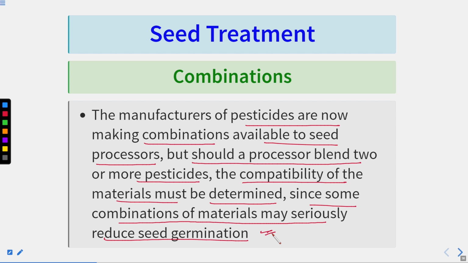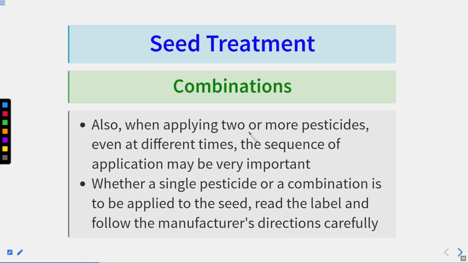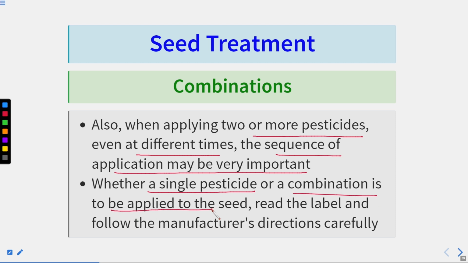And there can be a reduction in seed germination. So this is very important. Also, when applying two or more pesticides, even at different times, the sequence of application may be very important, right? So whether a single pesticide or a combination is to be applied to the seed, read the label and follow the manufacturer's directions carefully.